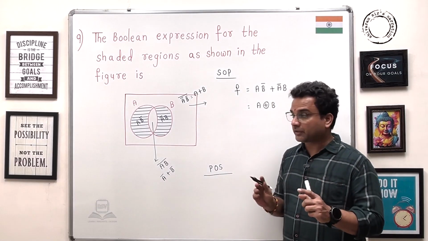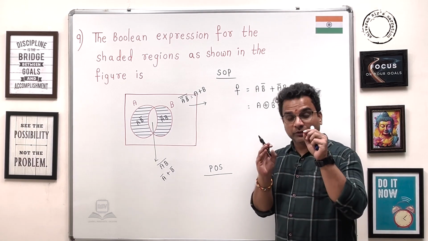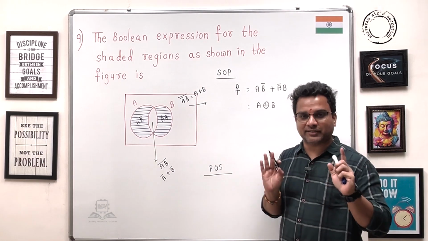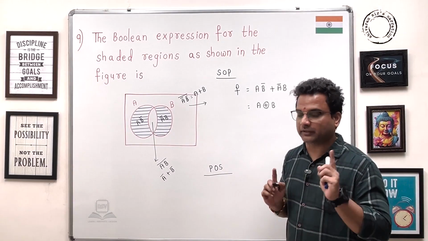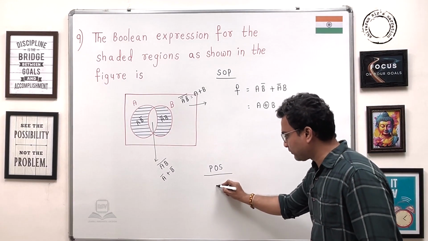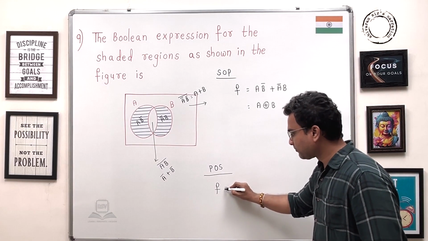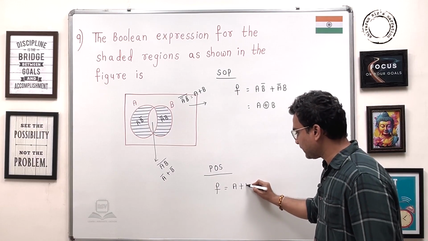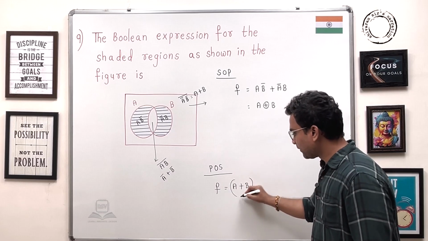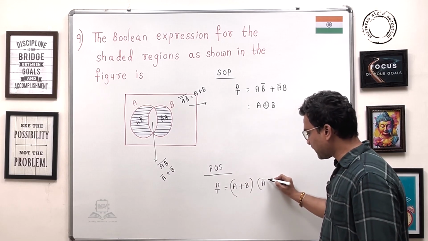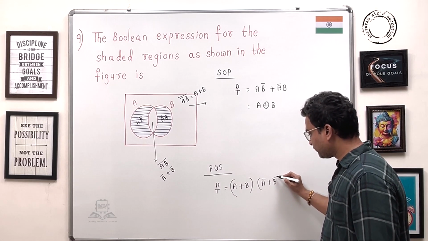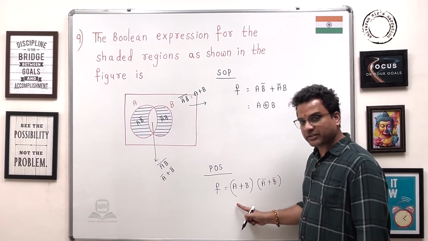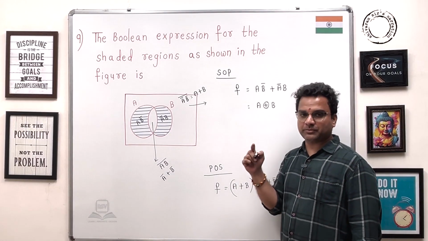Hence, wherever in the Venn diagram, you need to choose the areas which are not selected. That is the important thing. So here in POS, if I want to write the equation, F is equal to (A plus B) into (A bar plus B bar). Right guys? This is a POS expression. This is SOP expression.